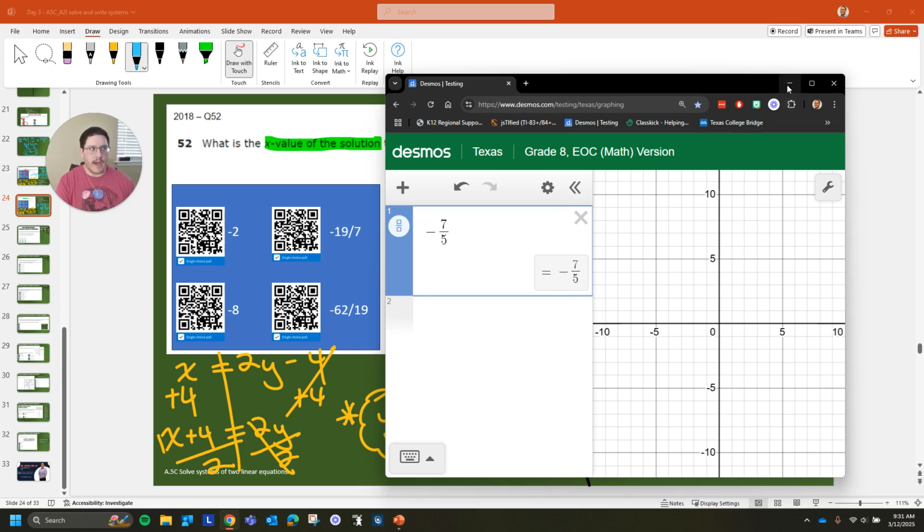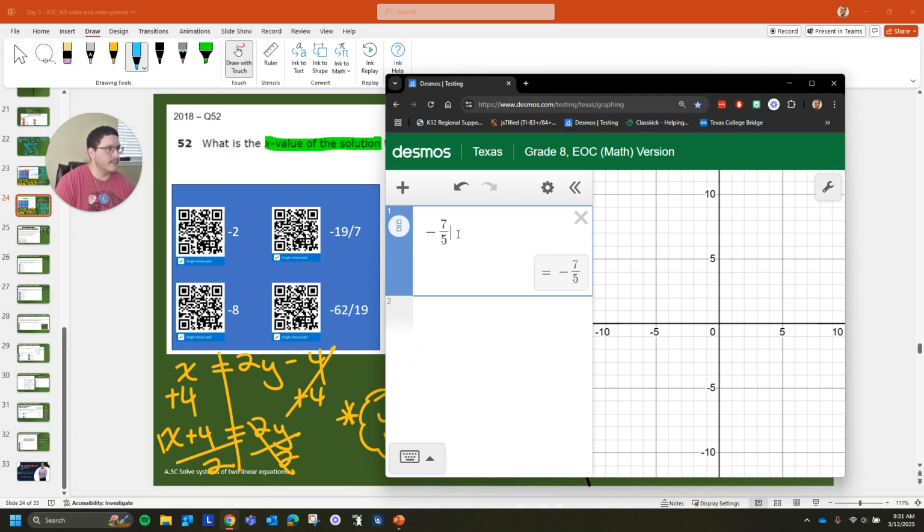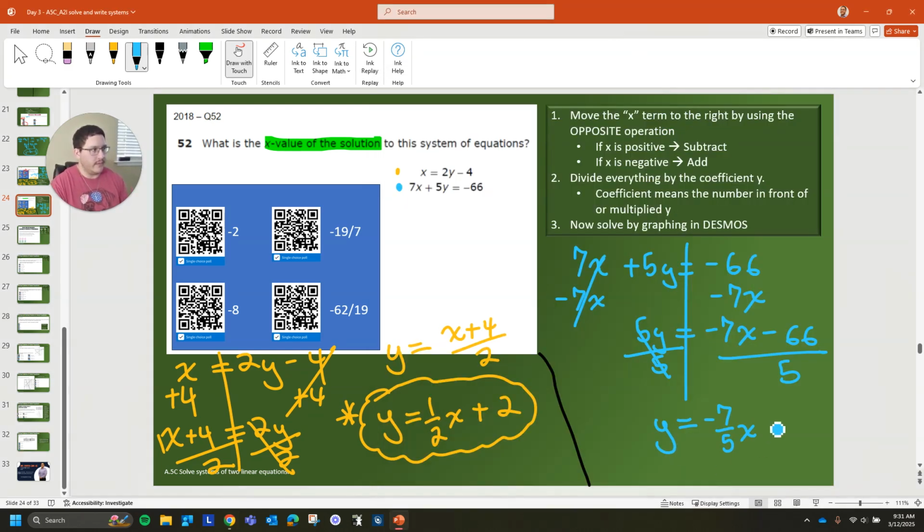So negative 7 over 5 is what we have. And then negative 66 divided by 5, I don't believe that can be reduced, but we will check. So negative 66 divided by 5, and no, it stays the exact same fraction. So we're just going to leave it the way it is.